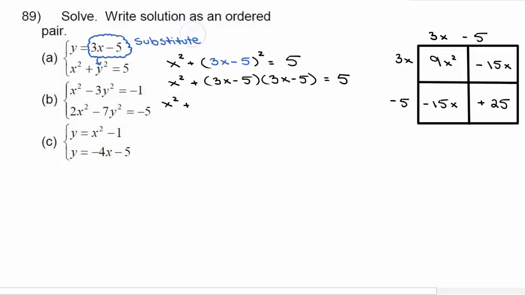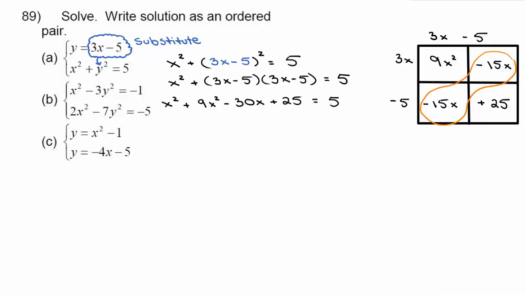And then I can combine some like terms here. Negative 15x plus negative 15x, that's going to give me negative 30x. So when I write that out, I'm going to make sure I write negative 30x. So 9x squared minus 30x plus 25 equals 5. I've got some more like terms I can combine here.